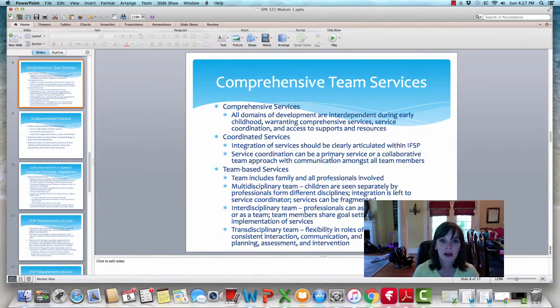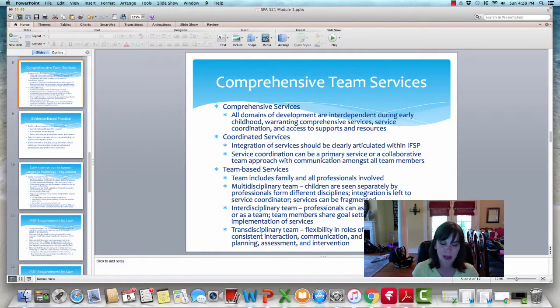All right, so comprehensive coordinated team-based services. Comprehensive services means that all domains of development are interdependent during early childhood, warranting comprehensive services, service coordination, and access to supports and resources. We cannot separate cognition from language or gross motor from fine motor. They're all working together. So the domains we're typically looking at are cognition, communication or language, motor skills, social emotional skills, and adaptive skills.